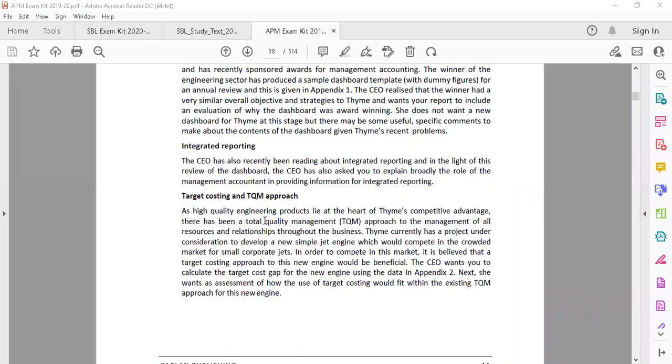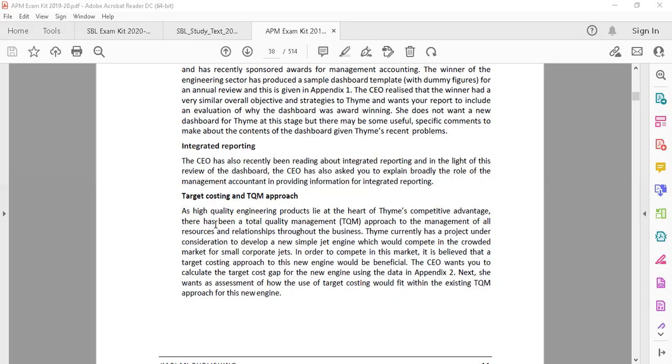Okay, so target costing. As high quality engineering products lie at the heart of Time's competitive advantage, there has been a total quality management approach to the management of all resources and relationships throughout the business. Time currently has a project under consideration to develop a new simple jet engine which would compete in the crowded market for small corporate jets.